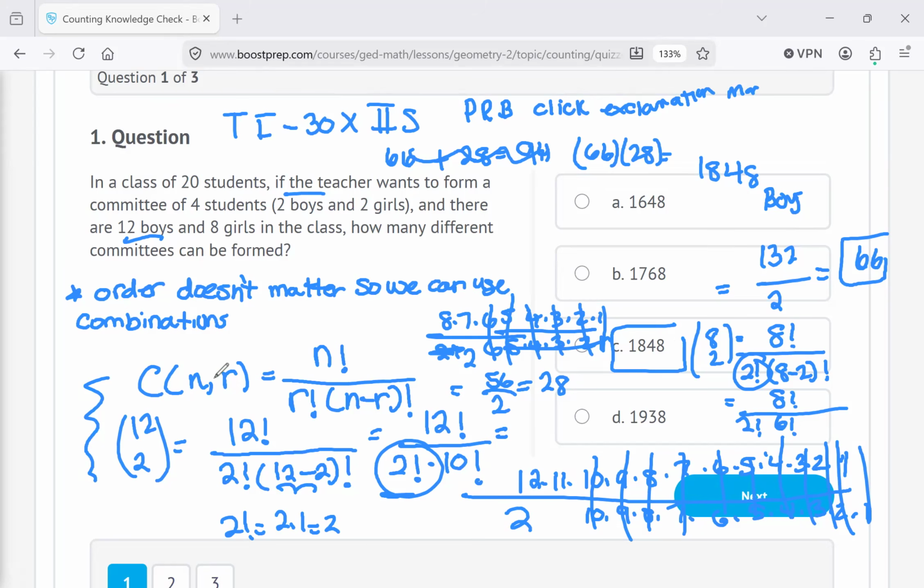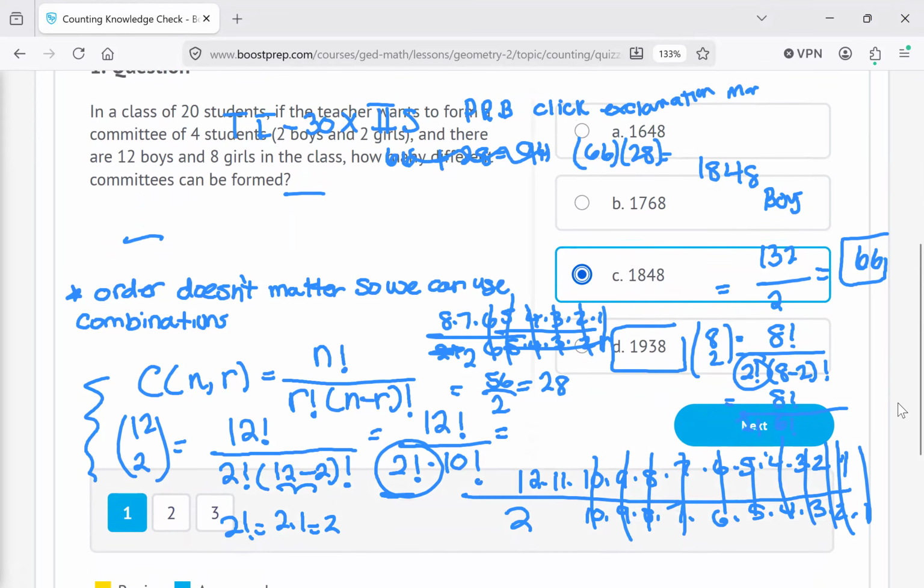So in this problem, we had to use the combination formula, and for the boys, it was 12 choose 2, and then for the girls, it would be 8 choose 2. And then multiply out the two numbers, and that's how I got 1848. Okay, let's move on.